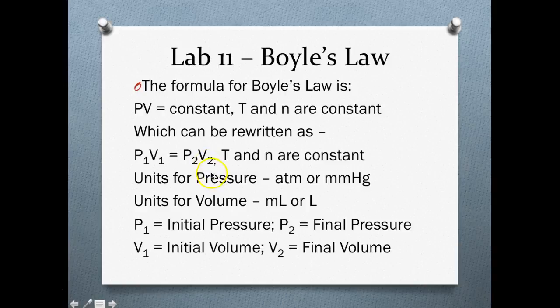The units of pressure, as I mentioned before, are ATM, atmospheres, or millimeters of mercury, and units of volume are in mL or liters. P1 is the initial pressure, V1 is the initial volume. So the initial pressure times the initial volume should equal the final pressure, P2, times the final volume, V2.